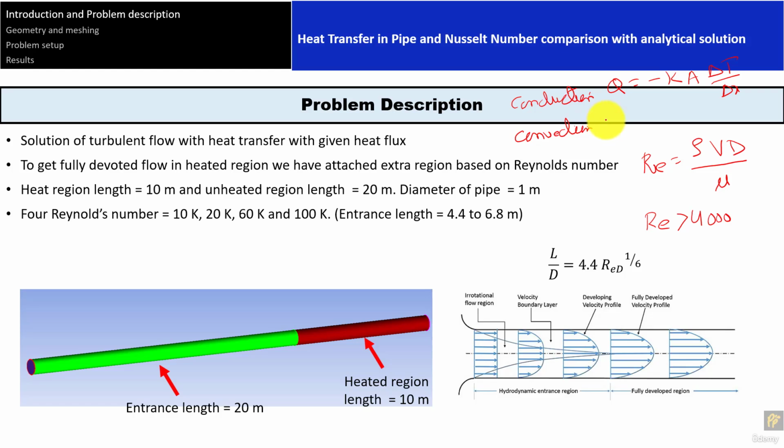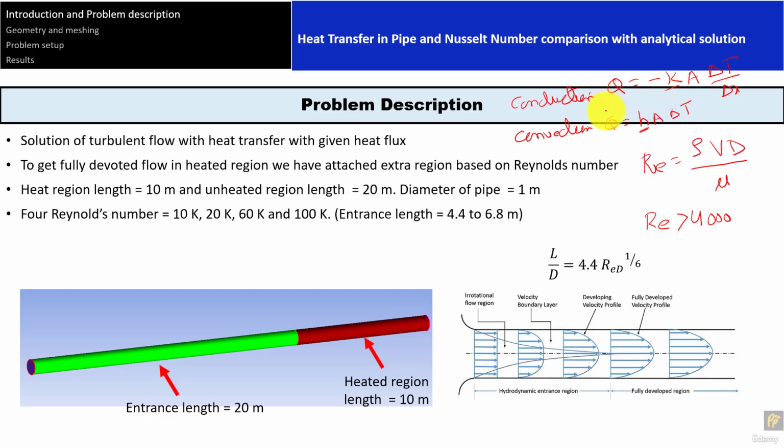And the convection is given by Newton's law of cooling, and this is Q is equal to H A delta T. So obviously the H will have units of watts per meter square Kelvin, and the K will have the units of watts per meter Kelvin. So there is one length unit missing in the K.